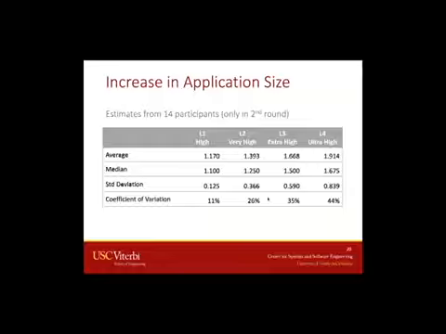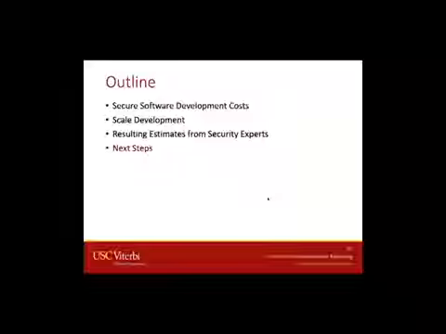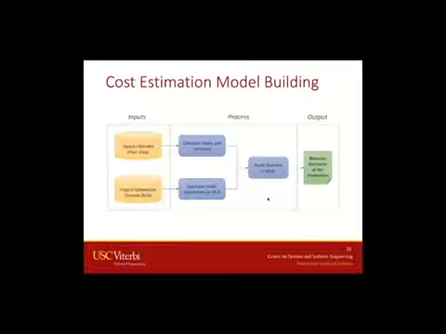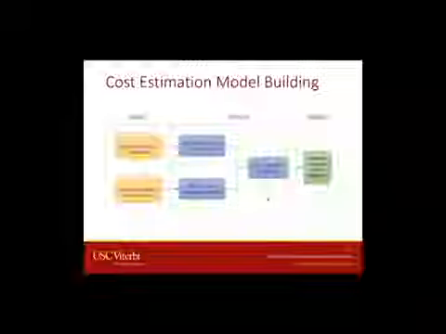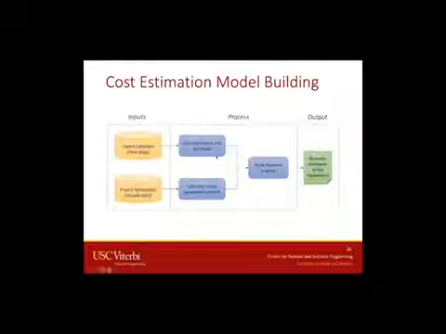So how are we going to use these estimates? From the experts, we will calculate the means and variance as we showed. We're also going to get information from projects.